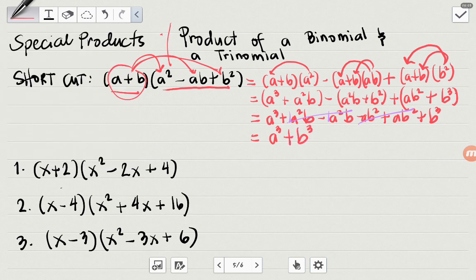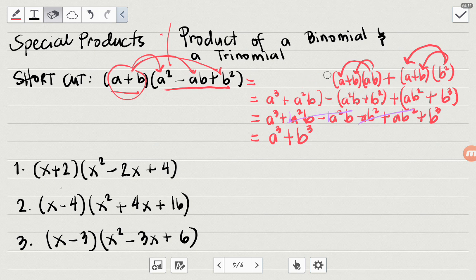So, sa hinaba-haba ng ginawa natin, ang naging sagot lang natin ay ilang terms? 2 lang. At ang nag-separate doon natin ay plus. And then, ang first term ay cube. Ito. A. And then, ang second term o last term ay cube. Ito. No. So, pwede natin itong burahin.